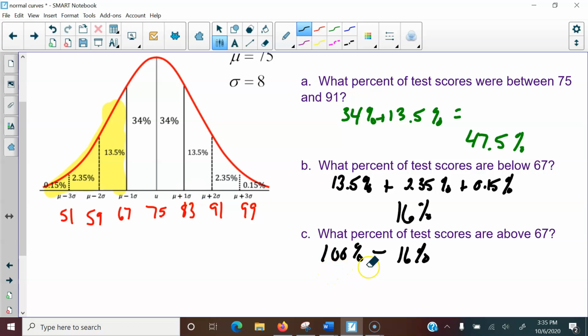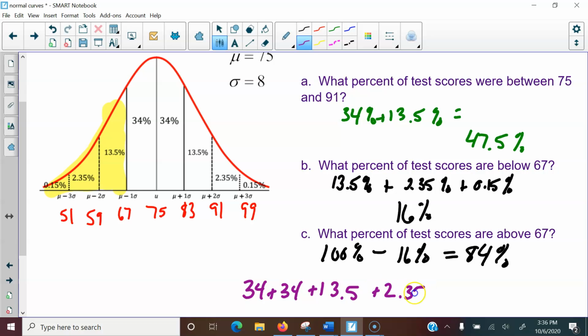If we have 100% minus 16%, that gives us 84% of the data above a 67. In other words, 84% of all the test scores are above a 67. The other way to do that is to just add together the percentages we have here. 34 plus 34 plus 13.5 plus 2.35 plus 0.15 also gives us 84%.